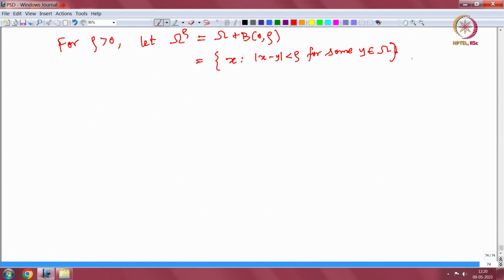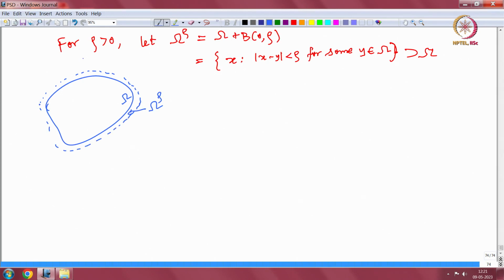So, obviously, this contains omega. So, this is, let me use different color. So, this is omega, and you have the dotted one, omega rho. Okay.